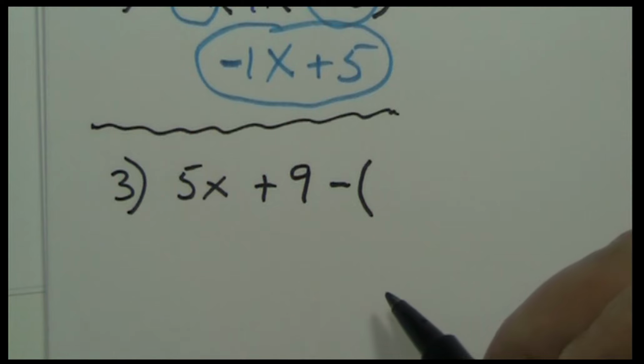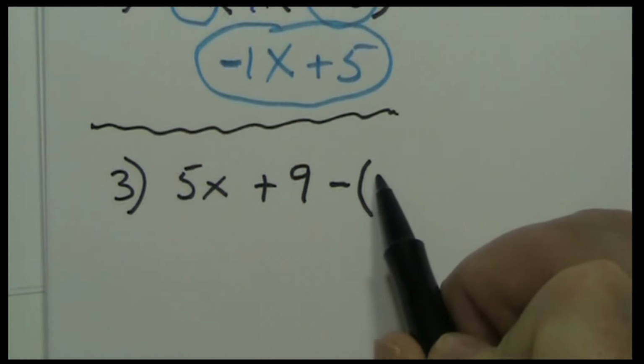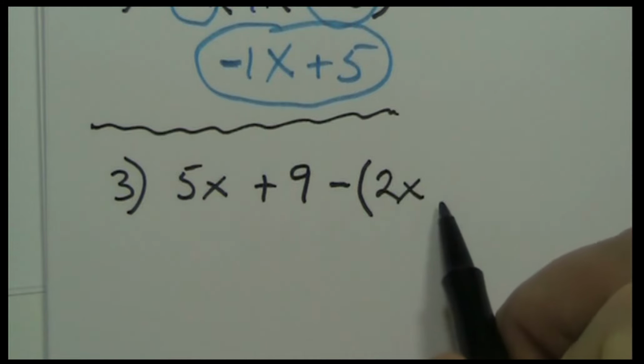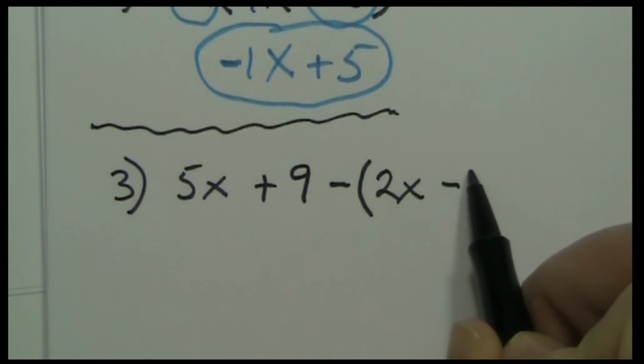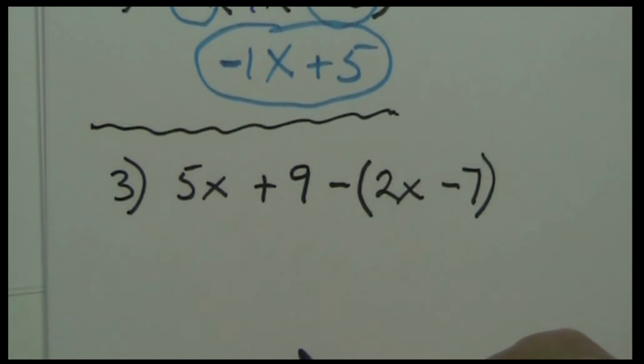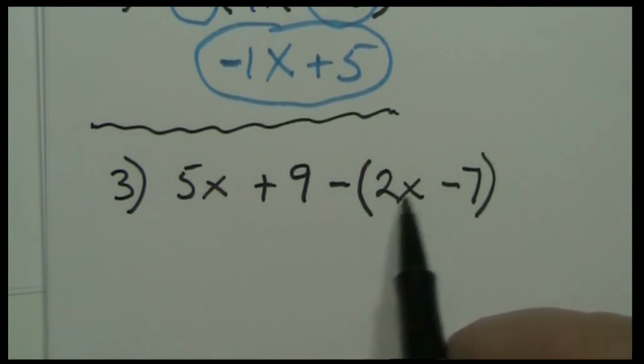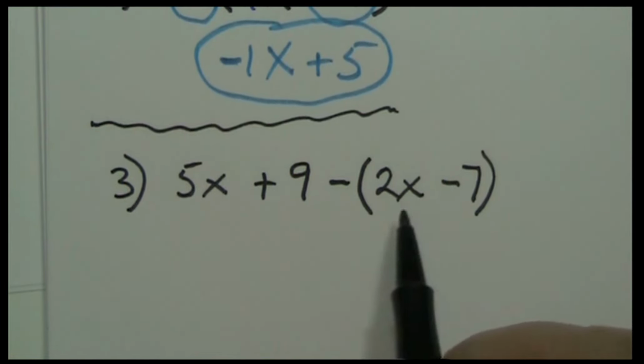This one's a little longer. We'll have to combine like terms. So you have 5x plus 9 minus this, 2x minus 7.